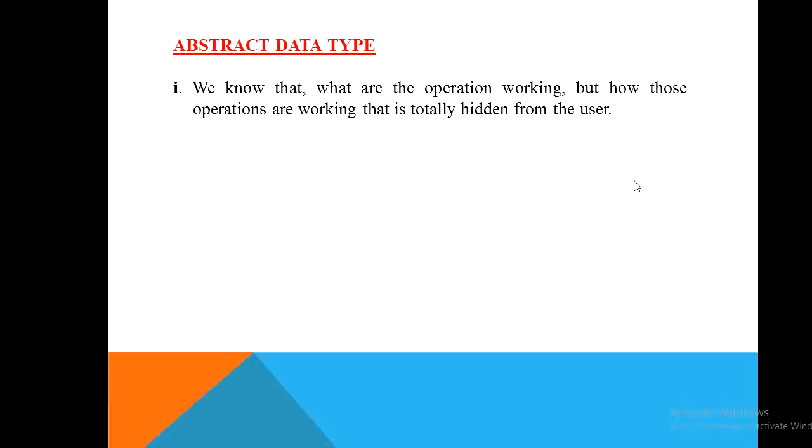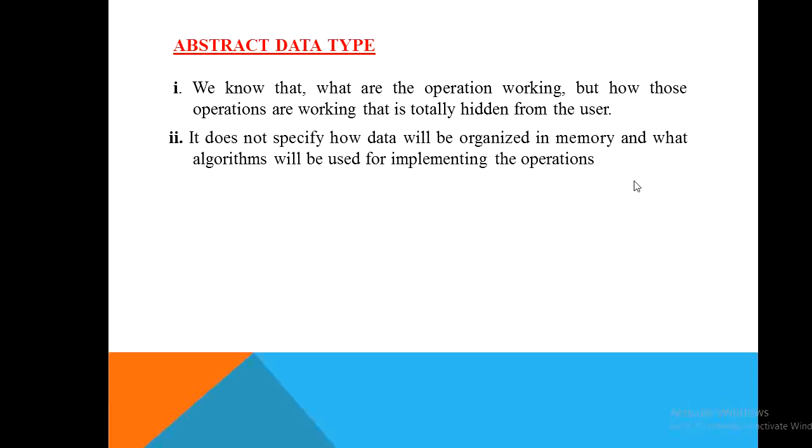Here we know what the operations are doing, but how those operations are working is totally hidden from the user. This concept is known as the abstract data type, right?